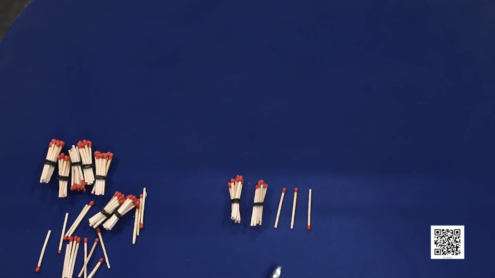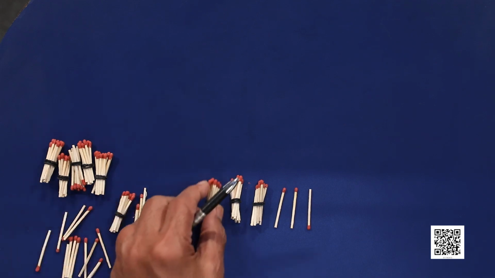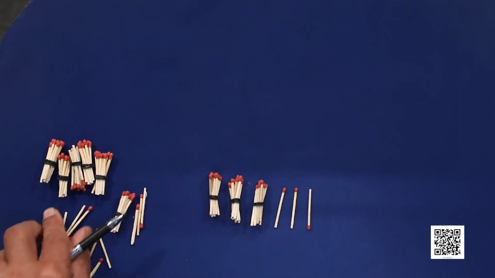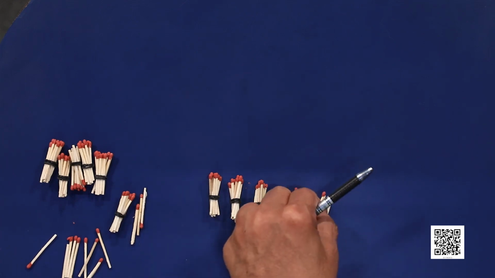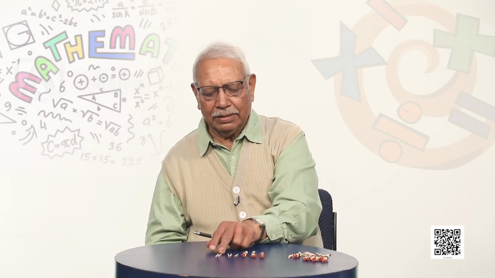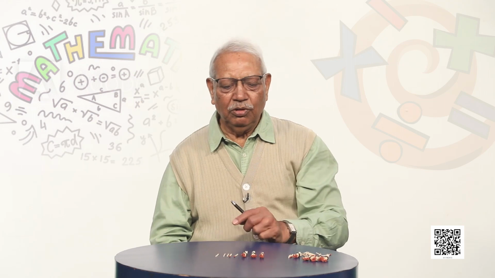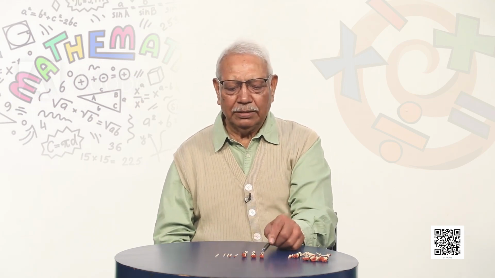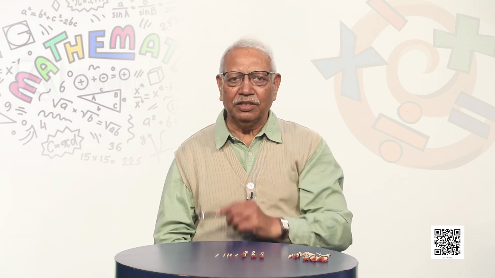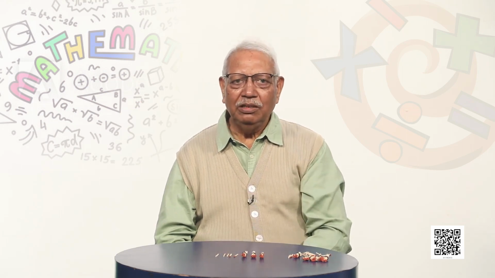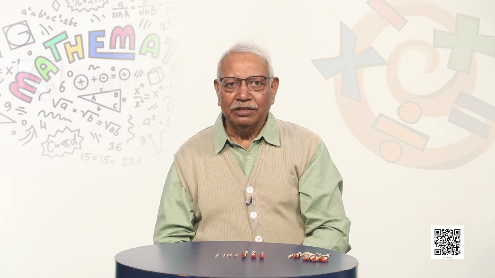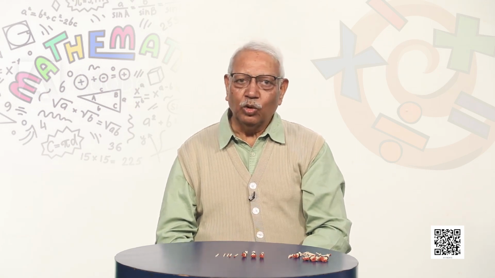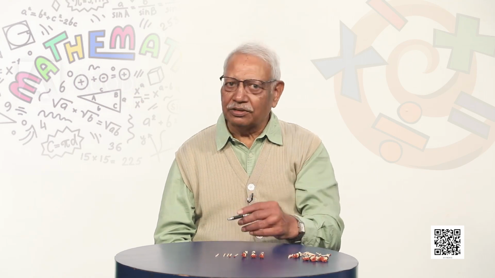So, let us try another number or another set of matchsticks. Let us look at this. How many matchsticks are there now on the table, and how are you going to write it? Both questions we will have to answer.